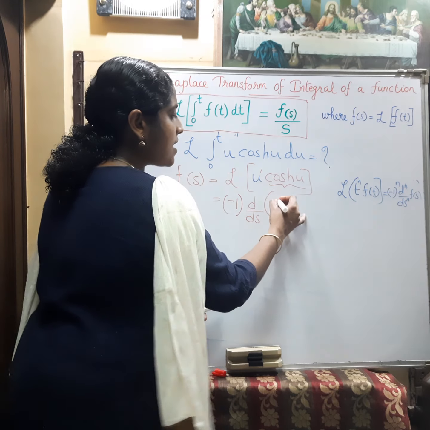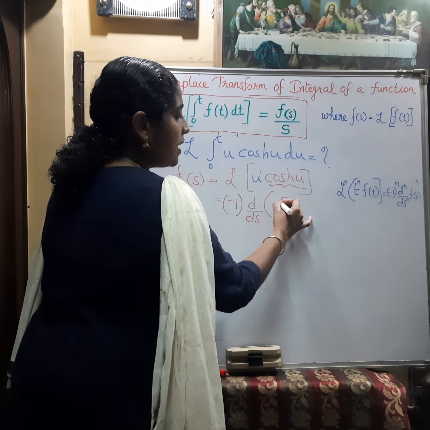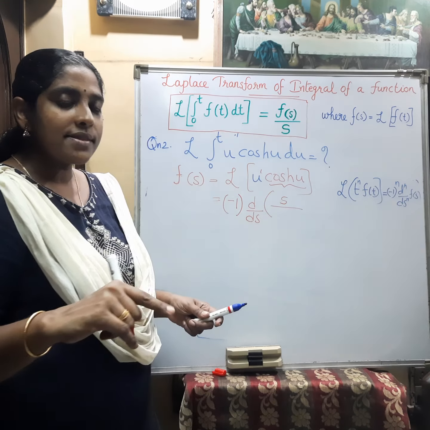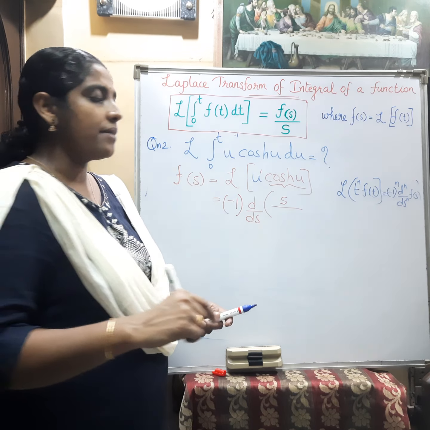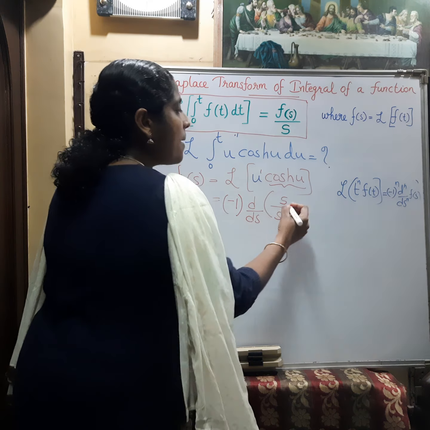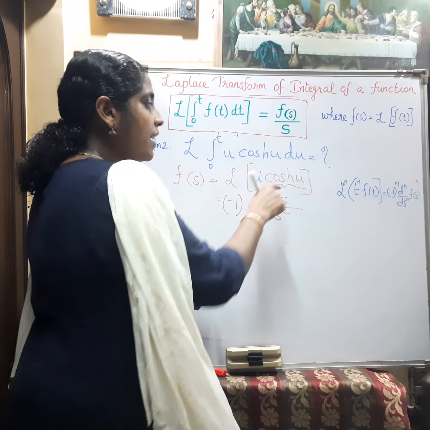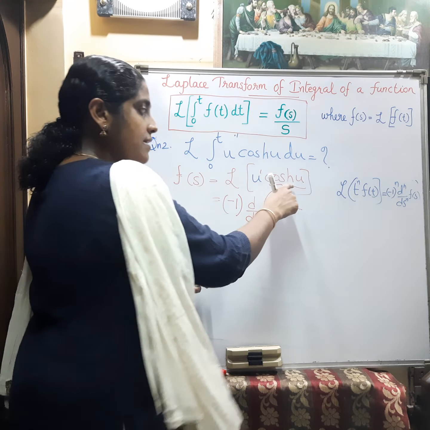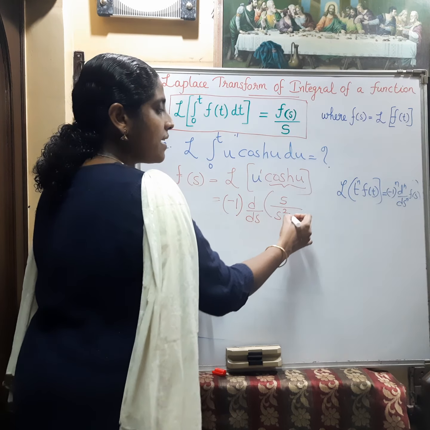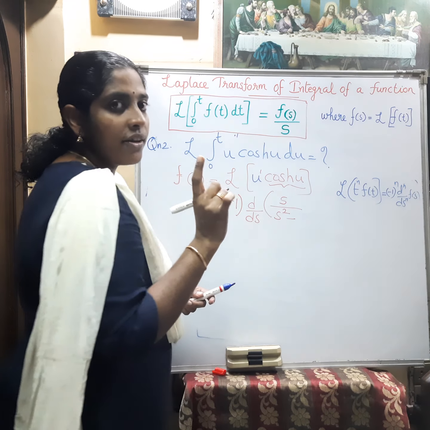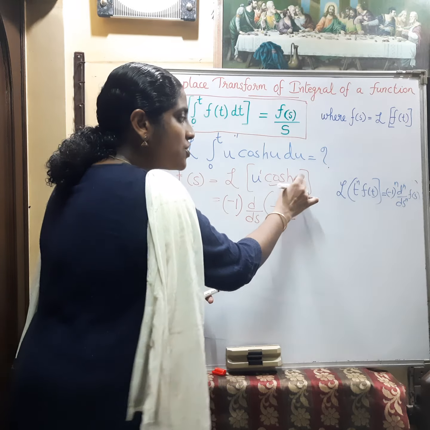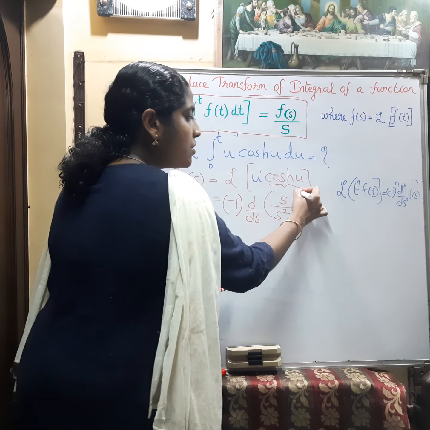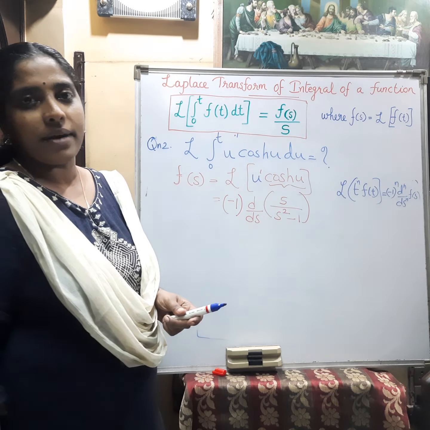The Laplace transform of cos is s divided by s square plus a square; if it is hyperbolic, it is s square minus a square. What is a here? The coefficient of u in cos hu is 1, so this will be s divided by s square minus 1.